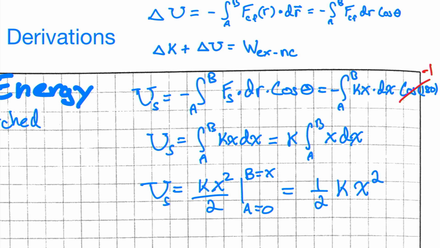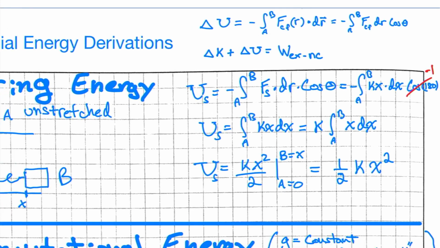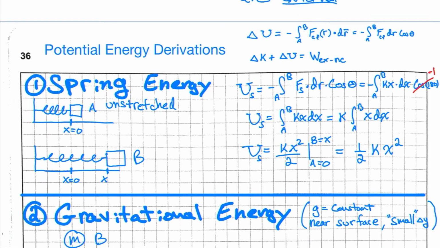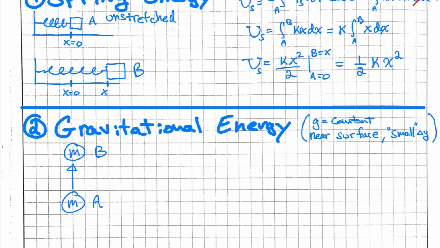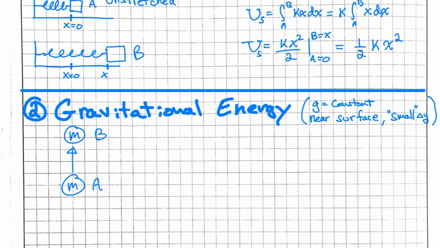So there we have a quick derivation of the potential energy associated with a spring. This would also be true for an elastic band or bungee cord, which is modeled using the same type of force. Next, we're going to move on to a gravitational energy derivation.